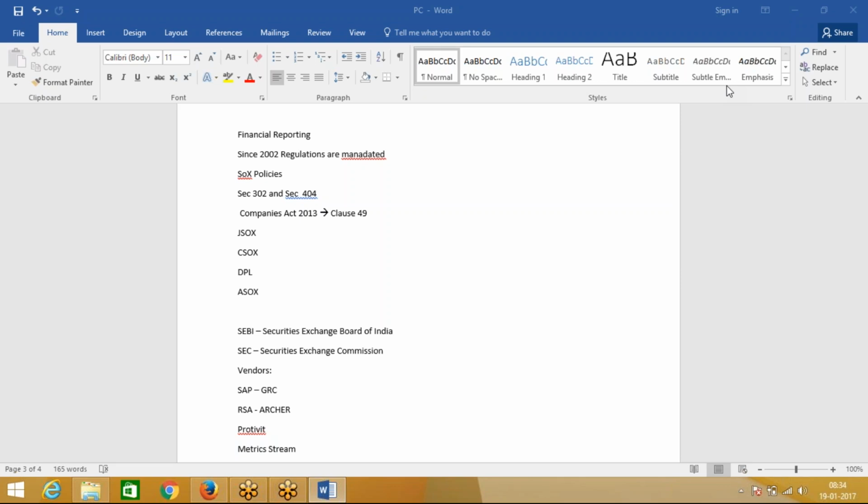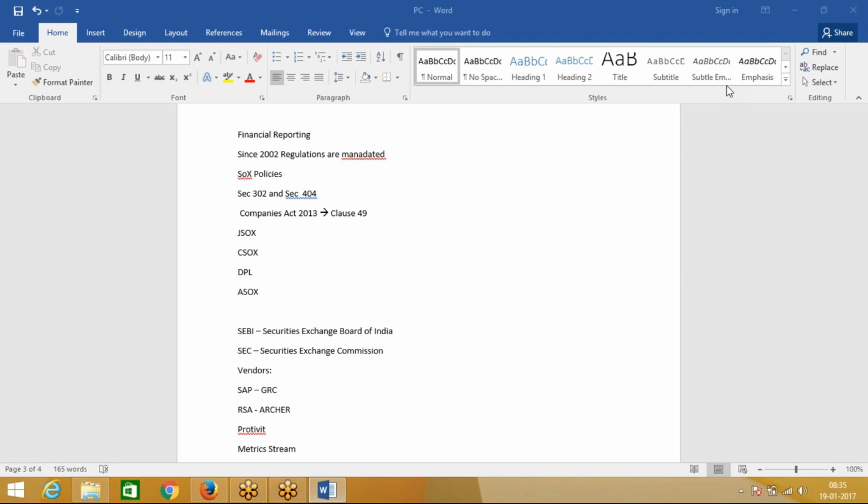Greenlight is the company providing these adapters, and we need to pay them license fees as well. So while implementing RSA Archer and integrating our existing SAP system, we need to purchase one more adapter, which is an additional cost. All these things matter, and that is also a reason.